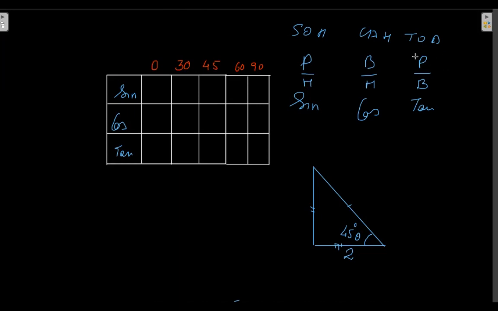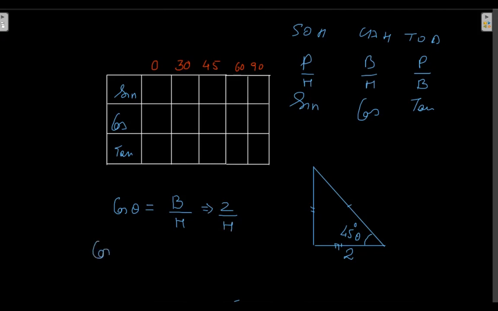So let's take the first example of cos. Cos of theta is what? Base over hypotenuse. Now base is 2. Hypotenuse is what we have to find.